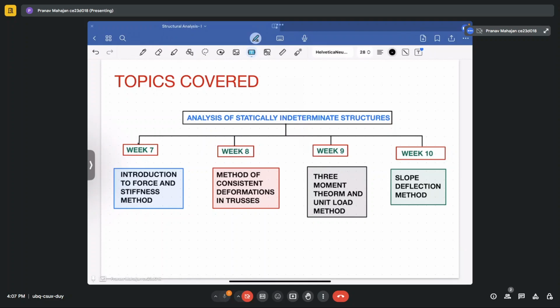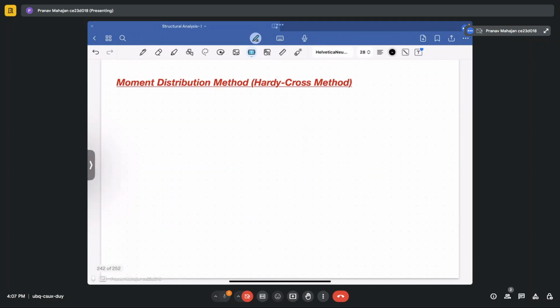In the last week, we have utilized the concept of the slope deflection method. In that, we utilized the slope deflection equation to calculate the end moments in statically indeterminate structures. So what we'll cover in this current week, we will solve the problems using the moment distribution method.